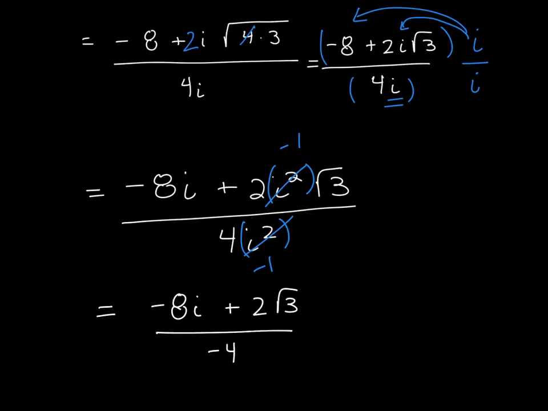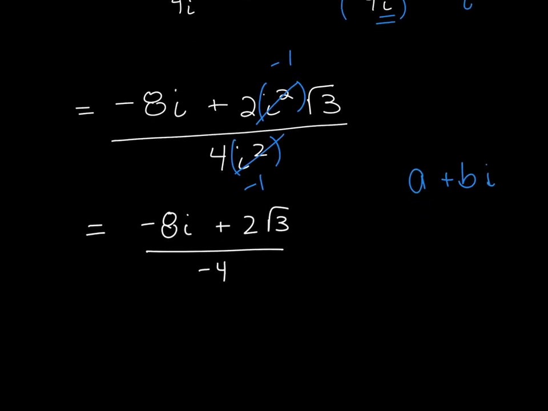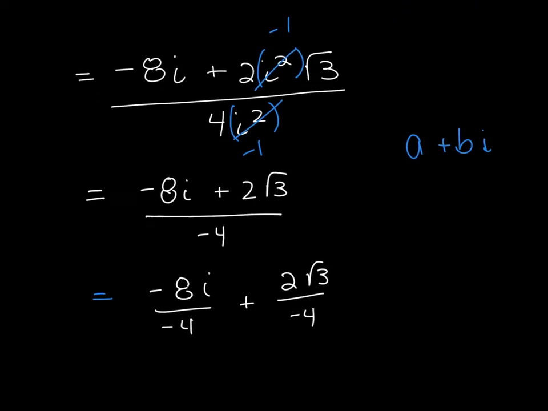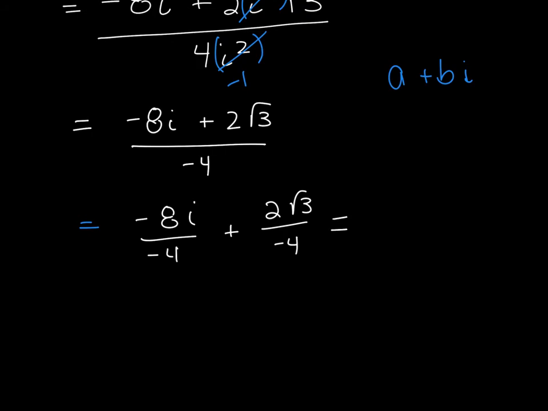But beware, all complex numbers must be written in this form a plus bi, where the real portion is first, then the imaginary portion. So I need to break this up. I'm going to rewrite this as negative 8i over negative 4 plus 2 square root of 3 over negative 4, which when I reduce becomes 2i minus 1/2 square root of 3.